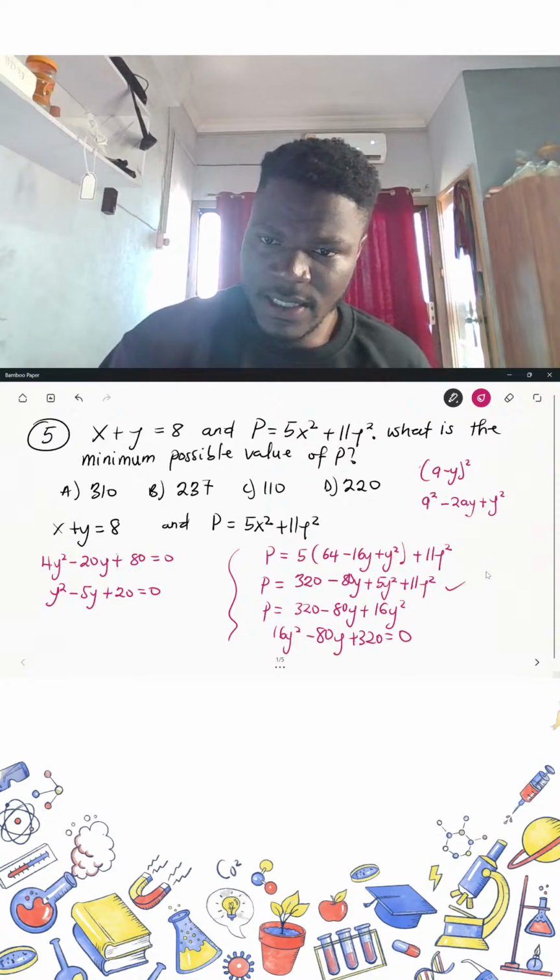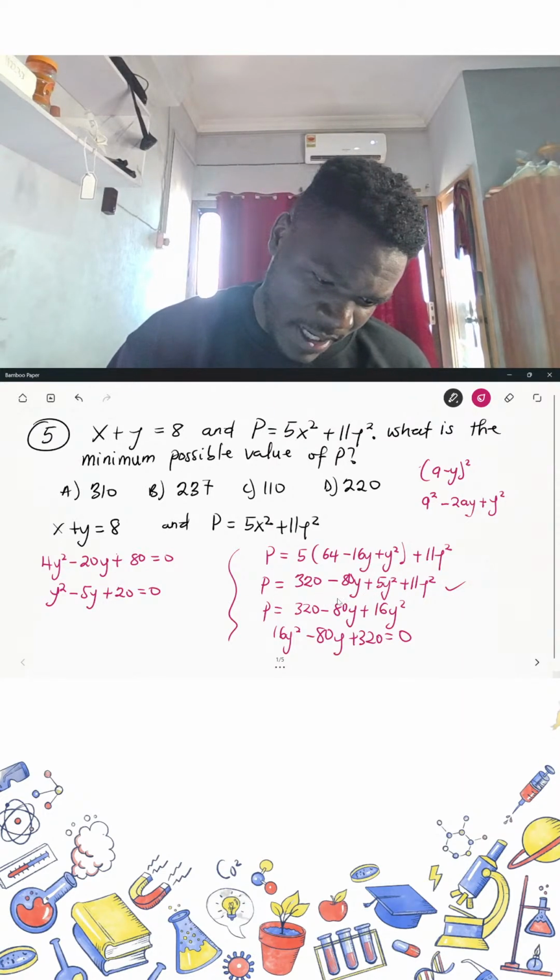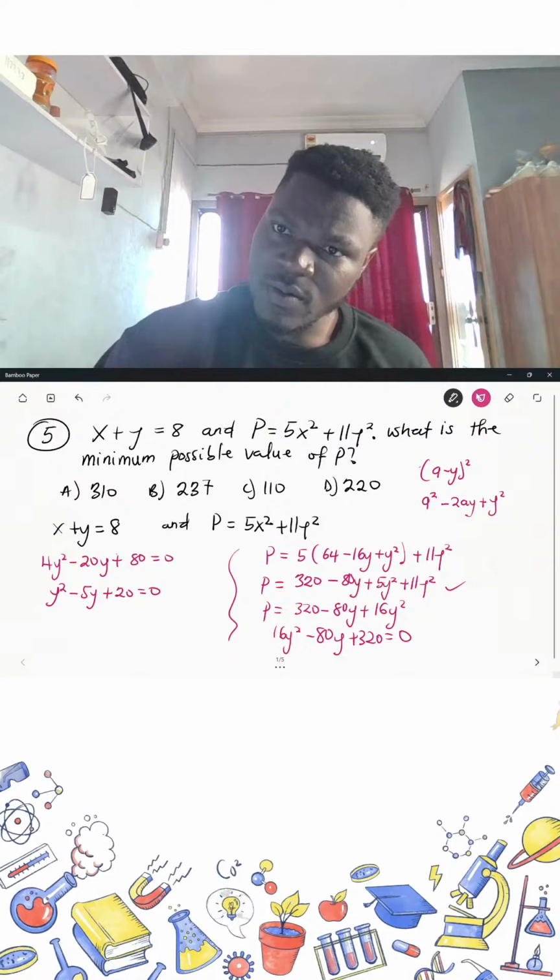So they did the calculation all up until this point, but from there, the solution they are having here, I'm not getting it.